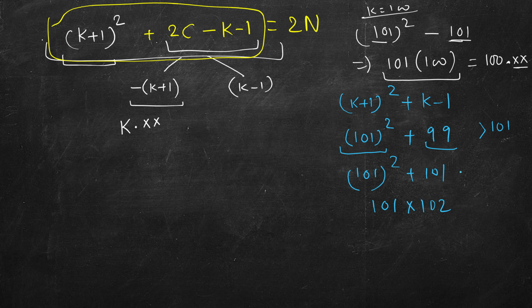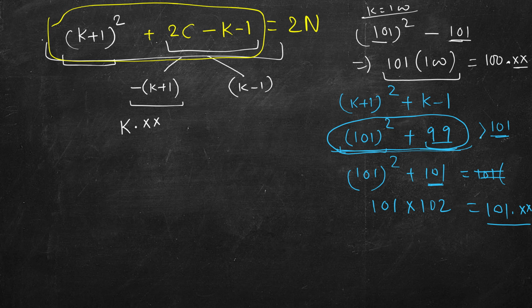This term was more than 101. We were just looking, can it reach 102 or not? We saw that even if we add a few more values to it, like 2 here instead of 99, it's still 101.xx, and this was already greater than 101.